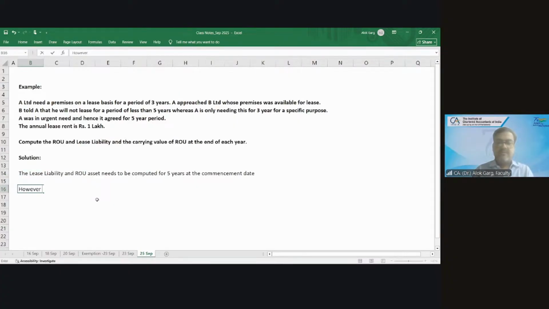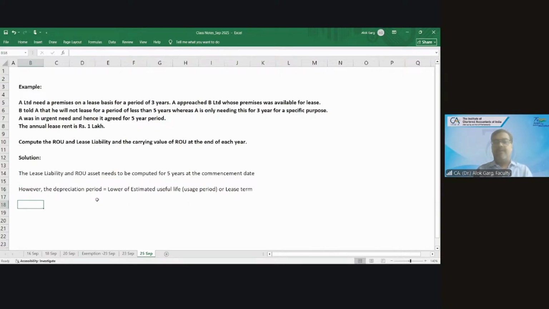However, the depreciation period is equal to the lower of expected use and lease term. Estimated useful life means usage period, or lease period means lease term, right?